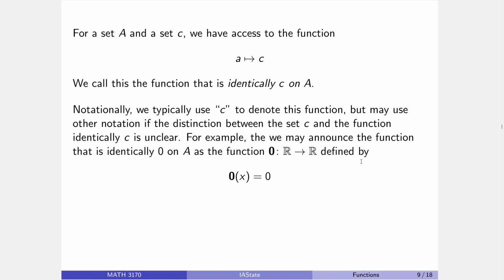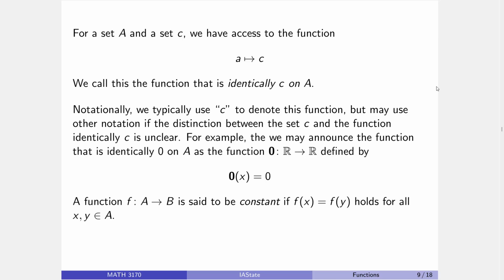So when it comes to functions that are identically constant to something, we just, on an ad hoc basis, will announce what symbols represent them. Now, I've been saying the word constant, but it's worth noting that the precise definition for a function to be constant is that the outputs are always equal for any two inputs.